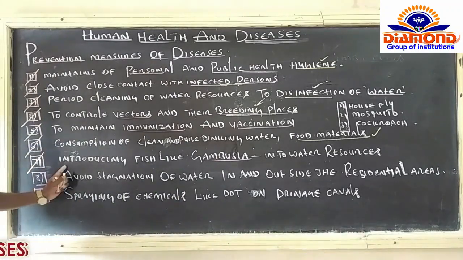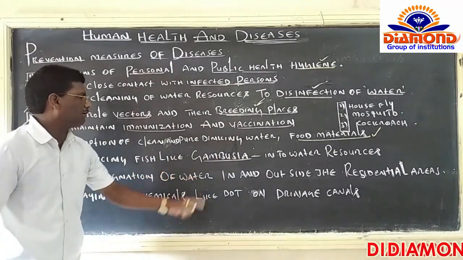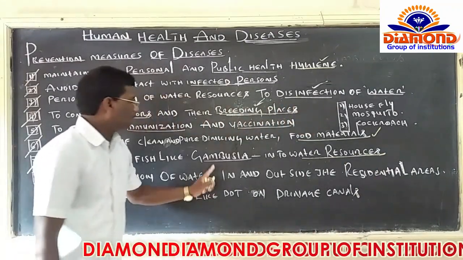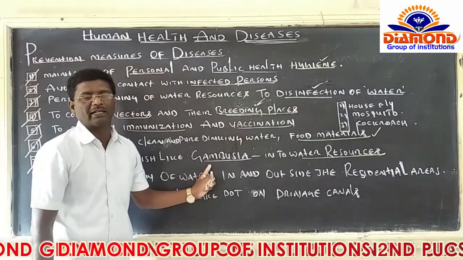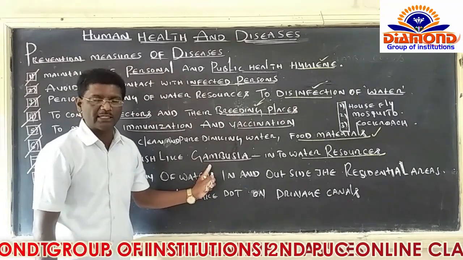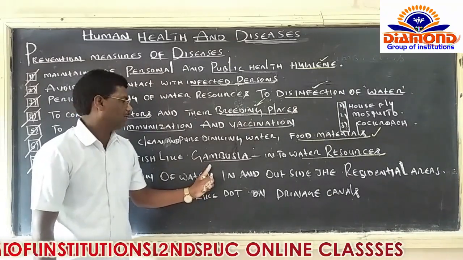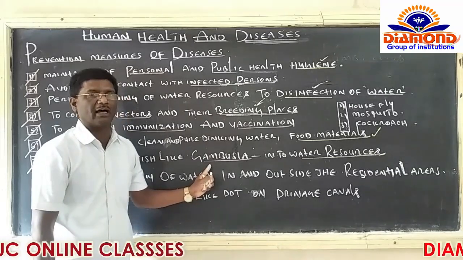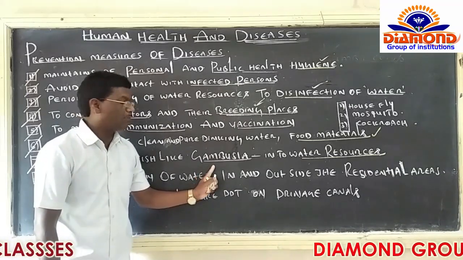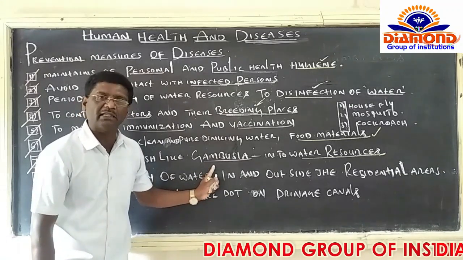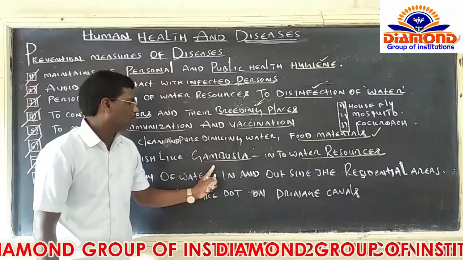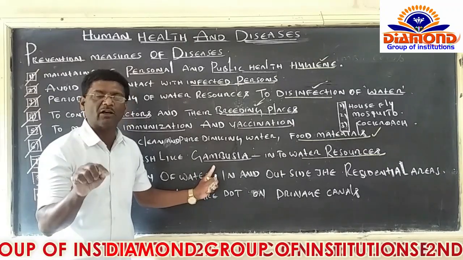Point number 7, introducing fish like Gambusia into water resources. Actually, Gambusia fish does not belong to our country. Gambusia fish is originally found in Japan. From there, we introduced that fish into our country. What is the basic function of the Gambusia fish? If you release Gambusia fish into drainage water sources, the mosquito larvae present in the drainage canal water can easily be taken as food.